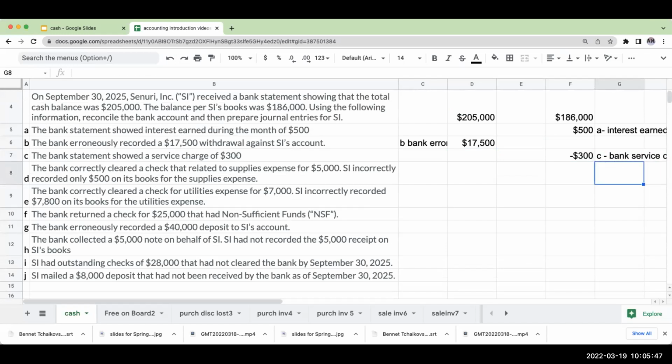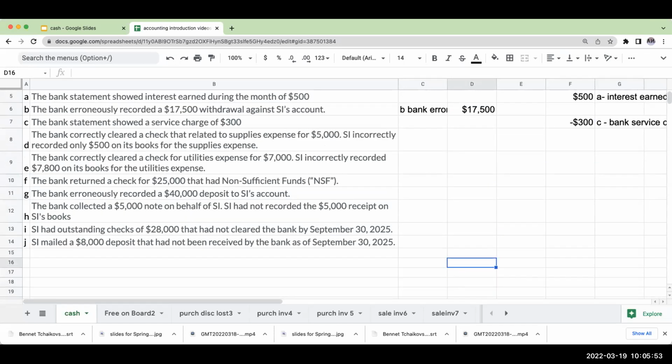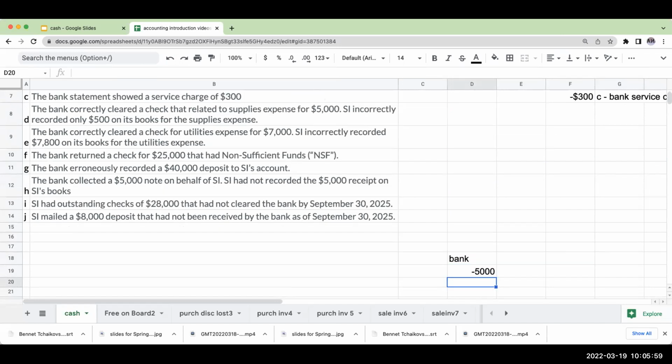Okay. The bank correctly cleared a check that related to supplies expense for 5,000. We incorrectly recorded only 500 on our books. So let's think about this. The bank showed negative 5,000. They cleared a $5,000 check related to supplies expense. But on my books, I had only shown negative 500.